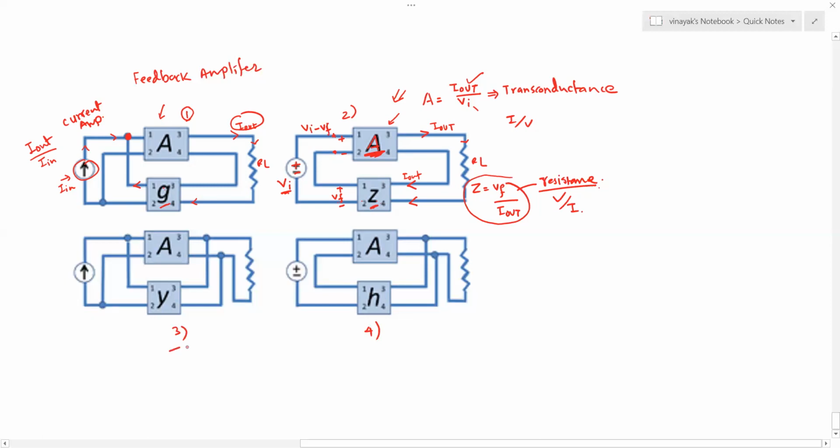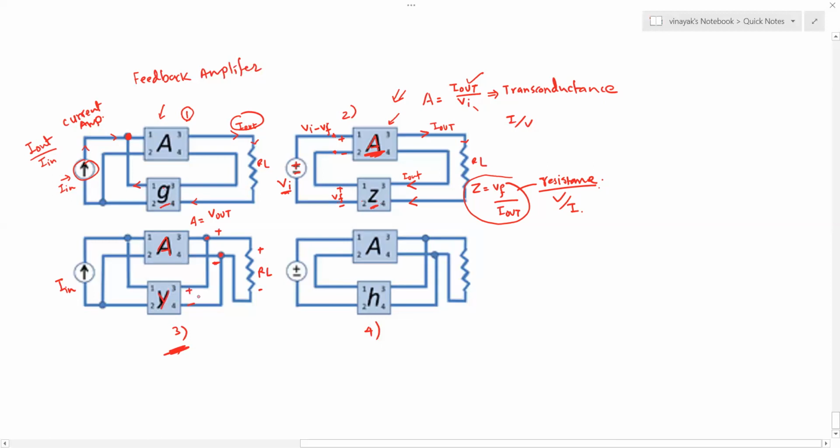Now look at the third part. Again, the input is the current I in, and you have the gain block A that gives you the output. The output here is now a voltage. The voltage V out is produced across the load resistance RL, and that voltage at the two nodes is fed to this block, which is a feedback network.